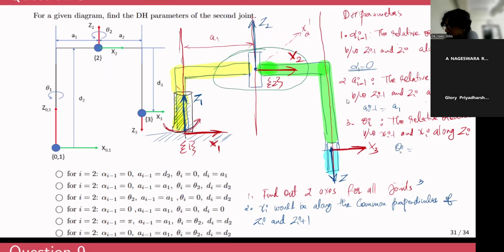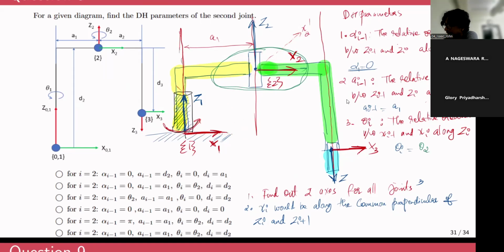You can consider this circle to be out of plane. So x2 at any configuration can be like this, like this, like this. Since this is a revolute joint, it can be at any configuration. So the relative orientation between x2 and x1 will be characterized by the joint variable, that is theta 2.